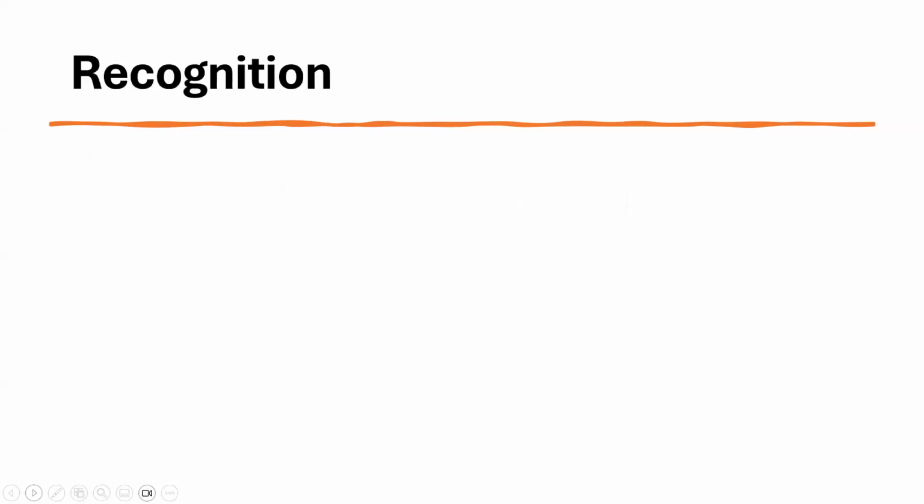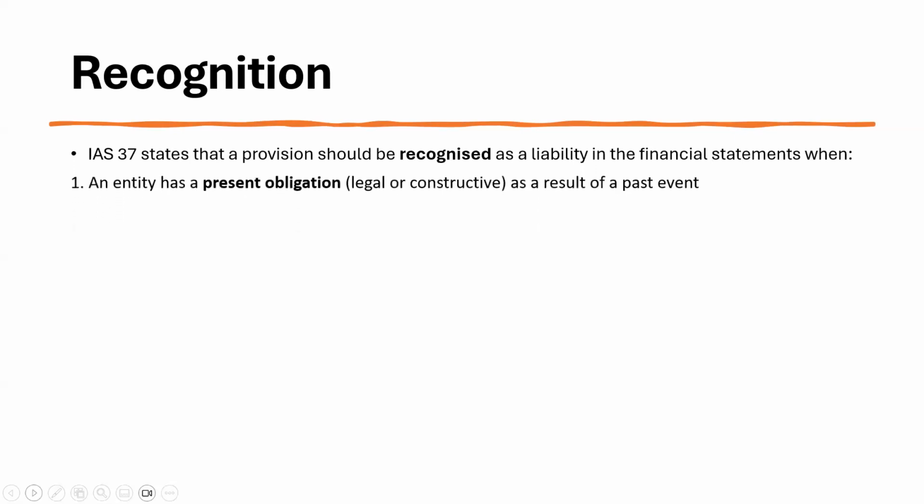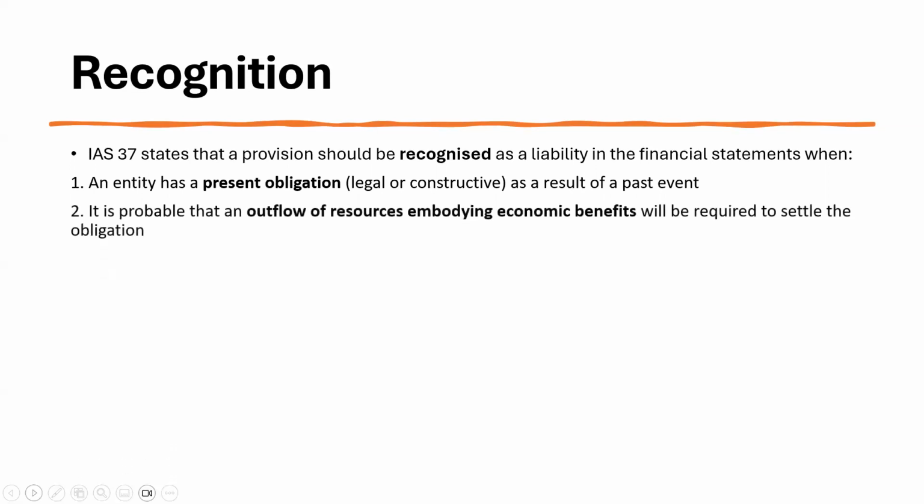Okay. So the recognition criteria of IAS 37 state that a provision should be recognized as a liability in the financial statements when and only when, number one, an entity has got a present obligation. The obligation can be legal or constructive as a result of the past event, as I already alluded to. Number two, it is probable that the outflow of resources embodying economic benefits will be required to settle the obligation.